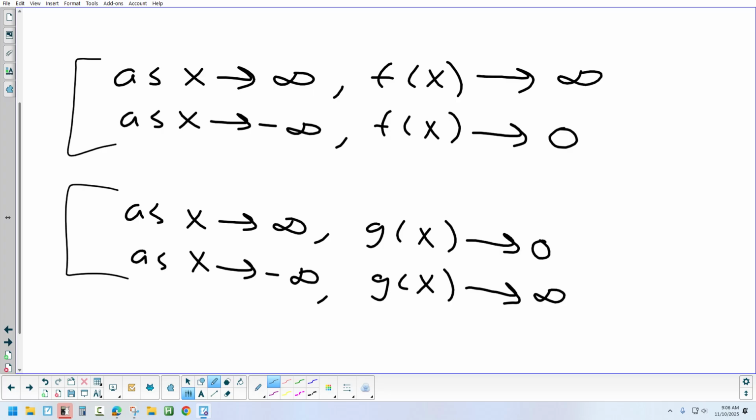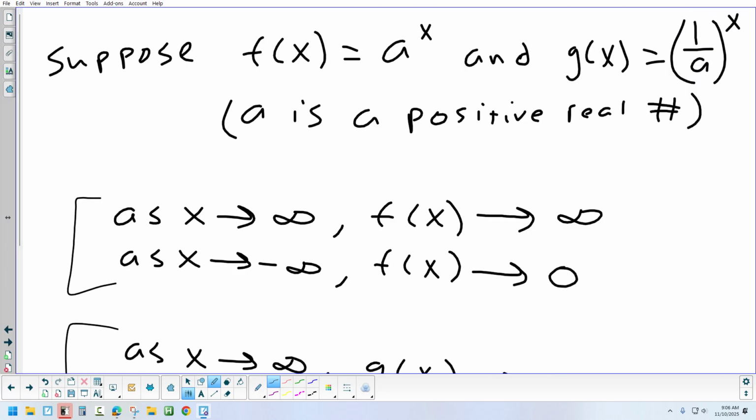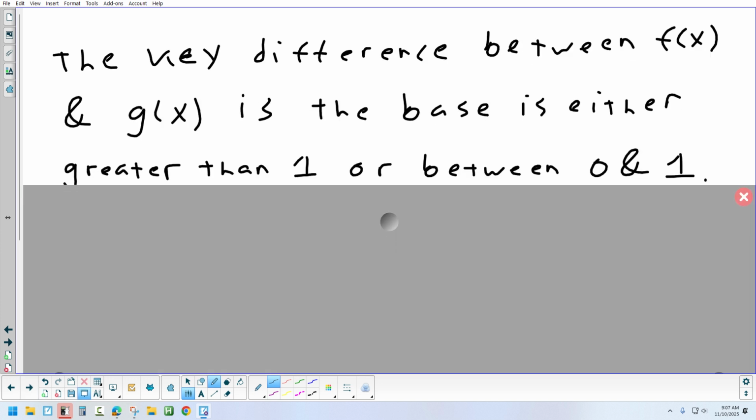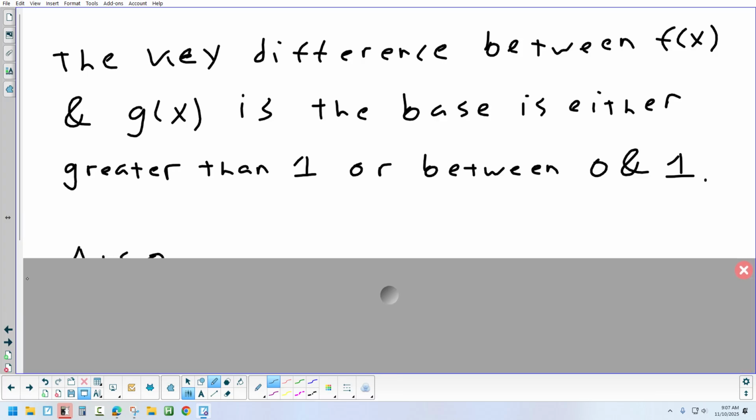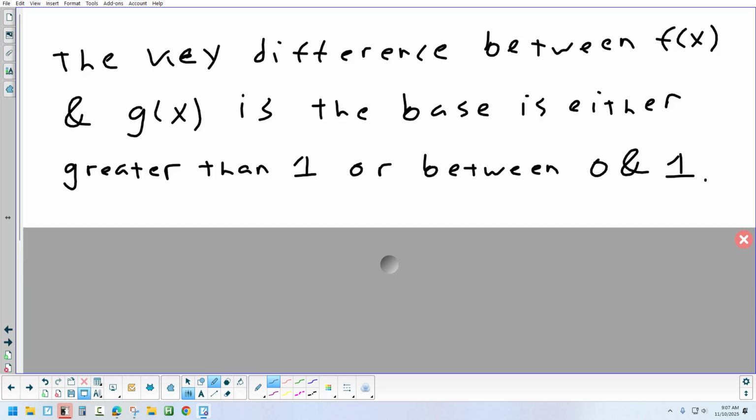Now, that's assuming that you do not do anything else to it. In this case, all we're doing is changing the base. We're not stretching, we're not shifting, we're not reflecting, none of that yet. So the big difference between those two graphs that we just did, one that looked like growth and the other one that looked like decay, was whether the base was greater than 1 or between 0 and 1.